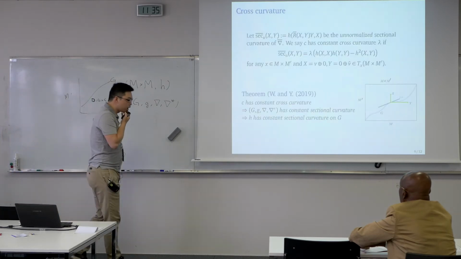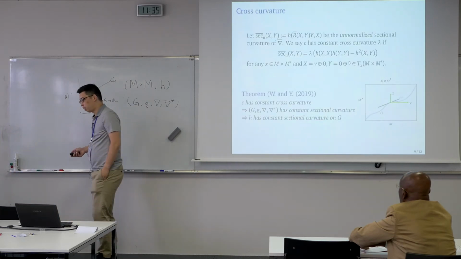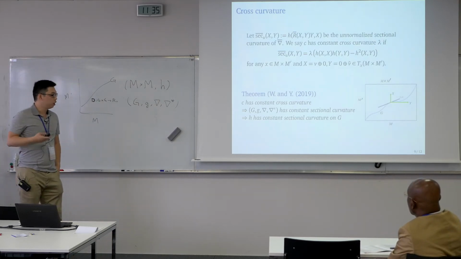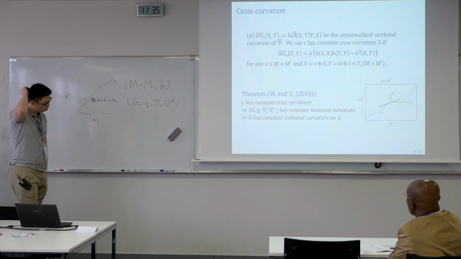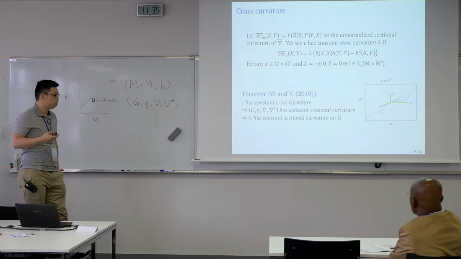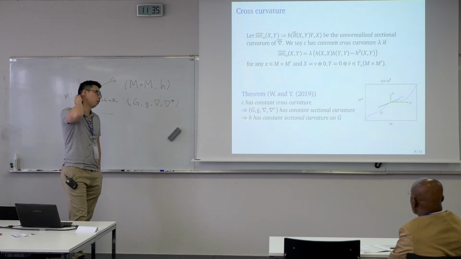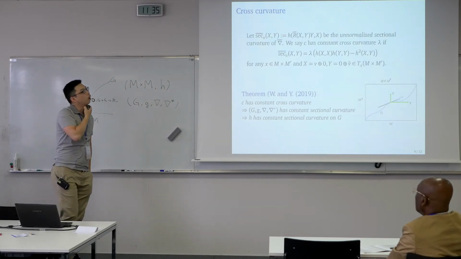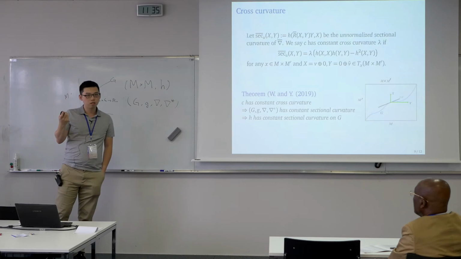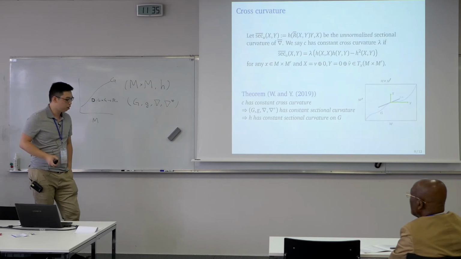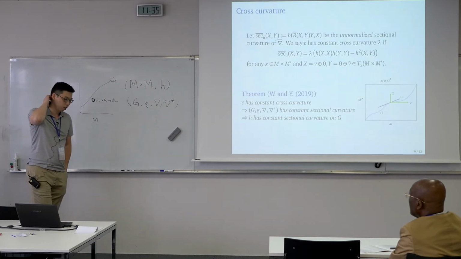Now that we have studied the relations among the three affine connections, it is natural for us to study the relations of the corresponding sectional curvatures of these connections. Just to remind you, the sectional curvature is given by two tangent vectors, and you get a sectional curvature value.